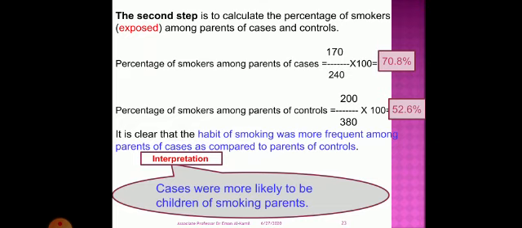While for the controls, only 52 or 53% have a history of smoking among their parents. So just by looking at the percentage distribution, we can say that cases were more likely to be children of smoker parents.